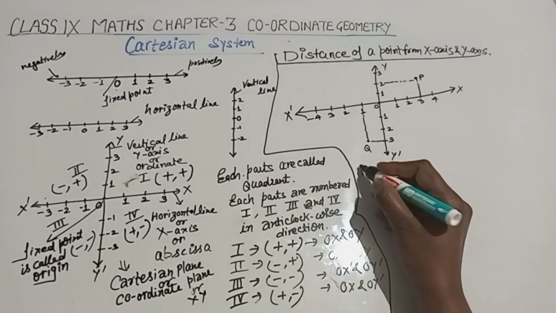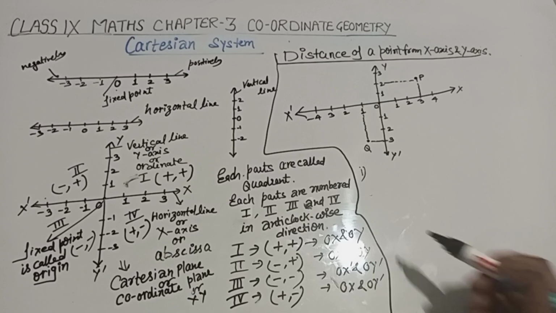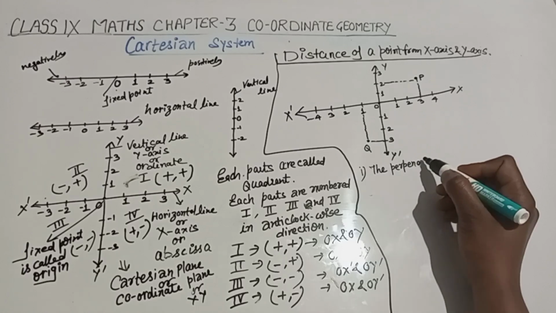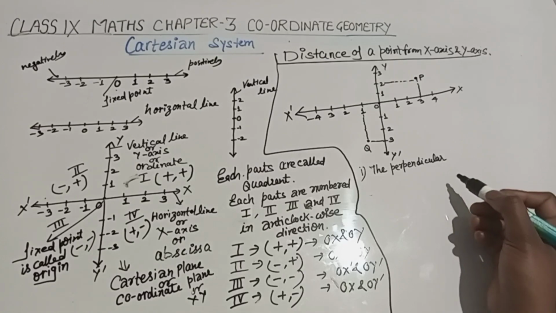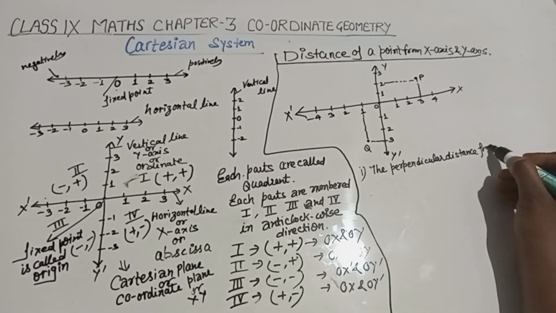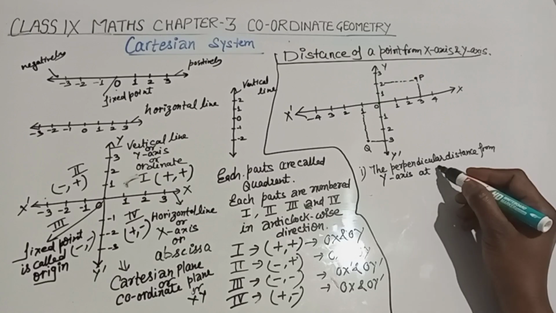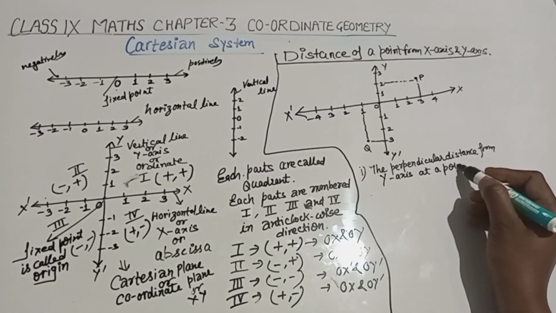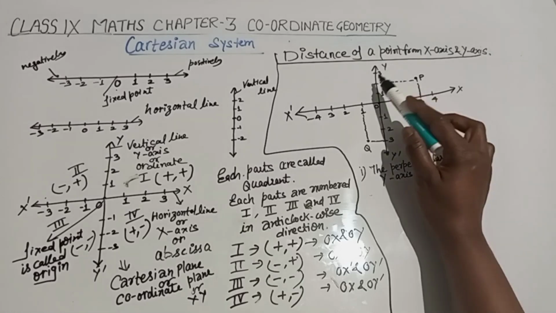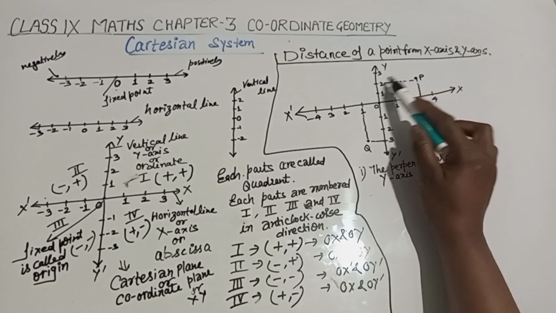For point P, you can observe the perpendicular distance from the y-axis at point P. You can observe that this is point P, and the perpendicular distance from the y-axis is 3 centimeters.